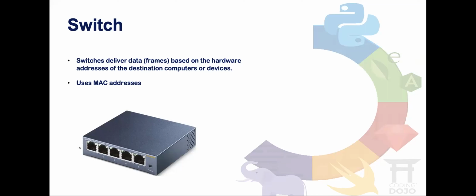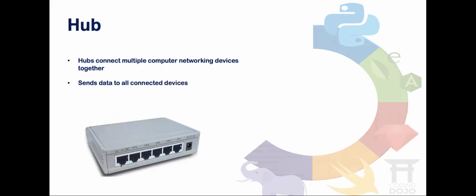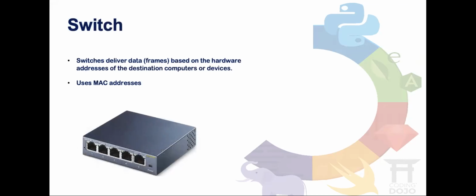If I send something on the hub through this port, it would go to every single person who is connected: Modi, Rahat, and even Nujud.